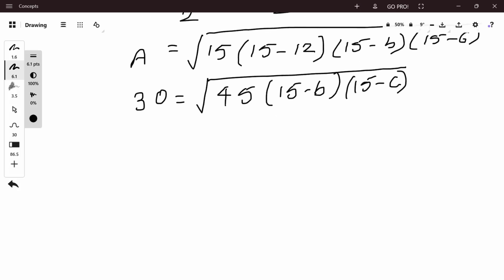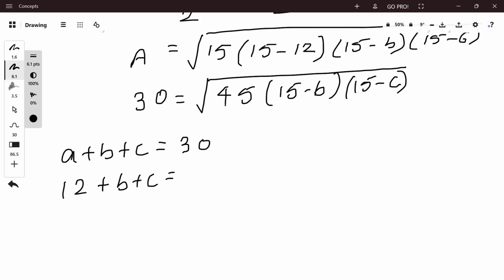We know that a plus b plus c is equal to 30, that is 12 plus b plus c is equal to 30. So b plus c is equal to 18 and c is equal to 18 minus b.